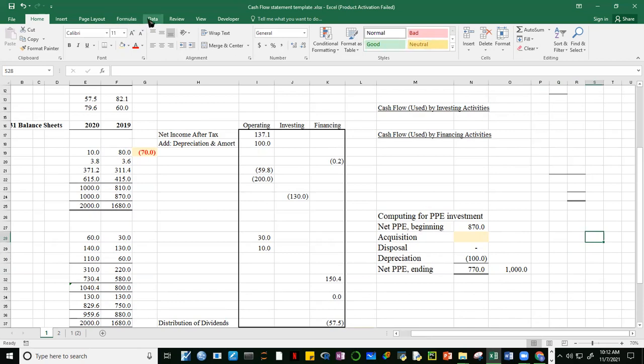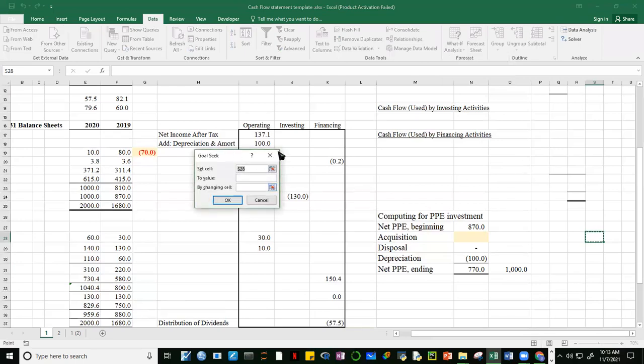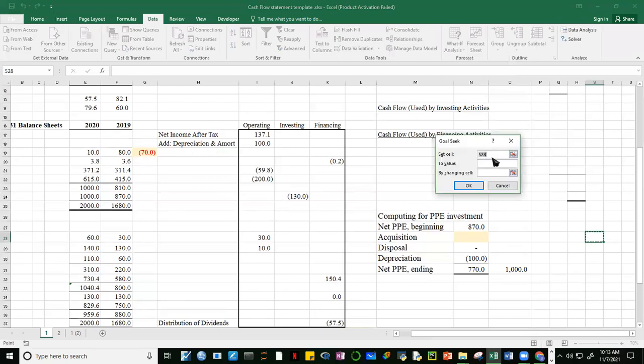Go to Data, and here you have What-If Analysis. We're going to use this very powerful function in Excel called GoalSeek. It says here, find the right input for the value that you want. Now there are 3 parts here: set cell, to value, by changing cell.